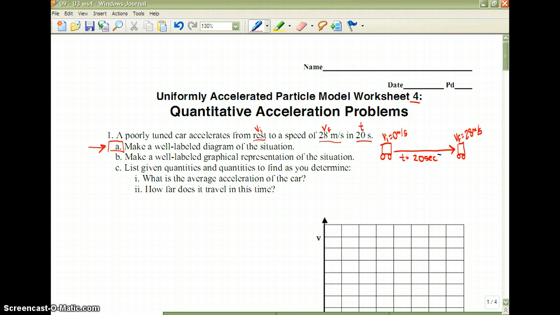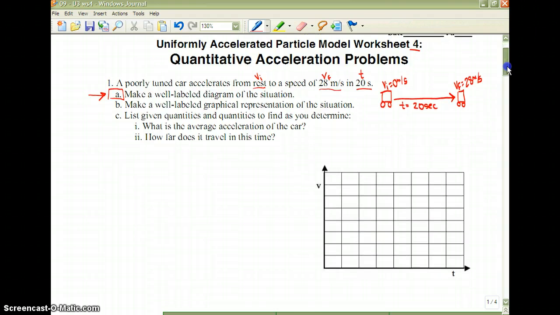So there's a picture, a well-labeled diagram. I have velocity present, I have my time present, and I have a direction there as well. That would be fine for a well-labeled diagram.